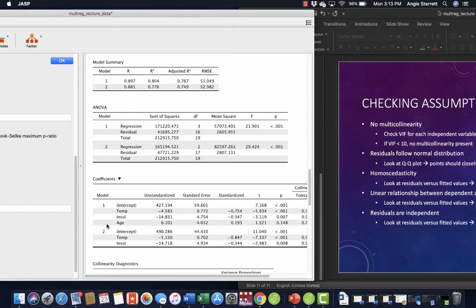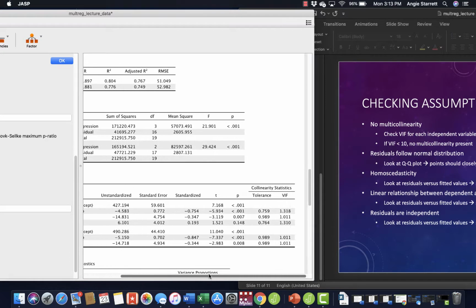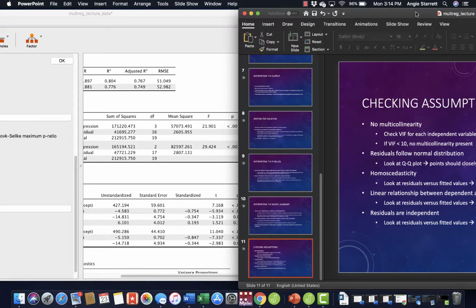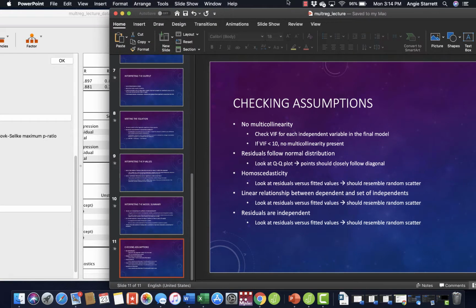If you look in your coefficients table, you can scroll over and see a VIF from having added your collinearity diagnostics. For both temperature and insulation, we see a value of 1.011. Since these are less than 10, we assume no multicollinearity present. So yay, one assumption down.